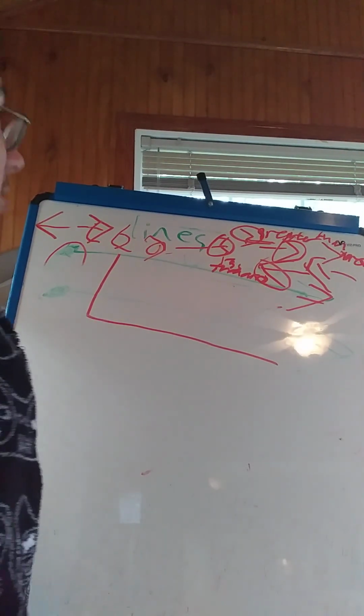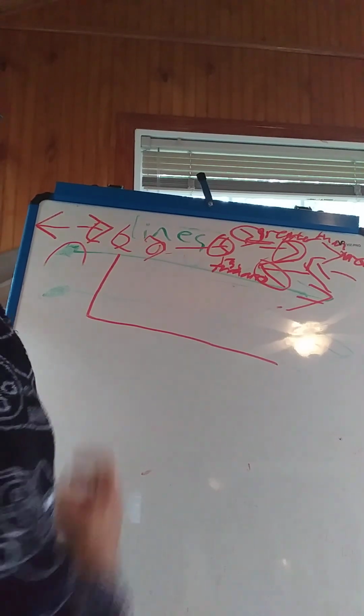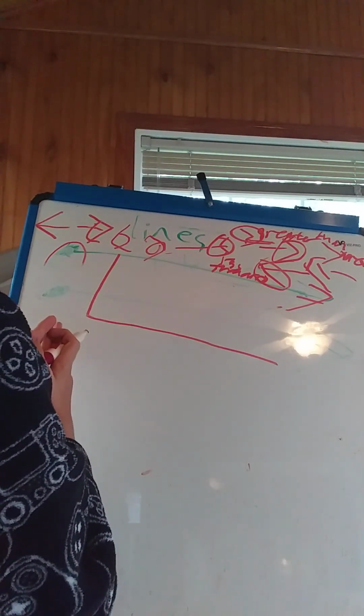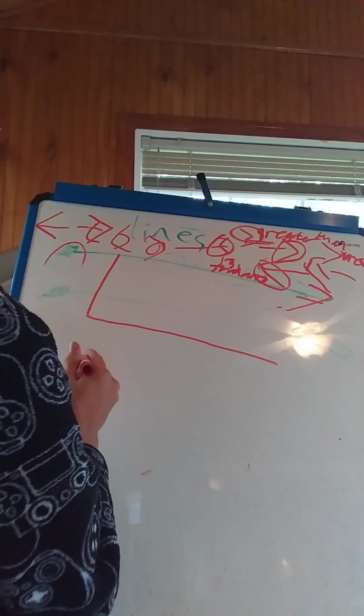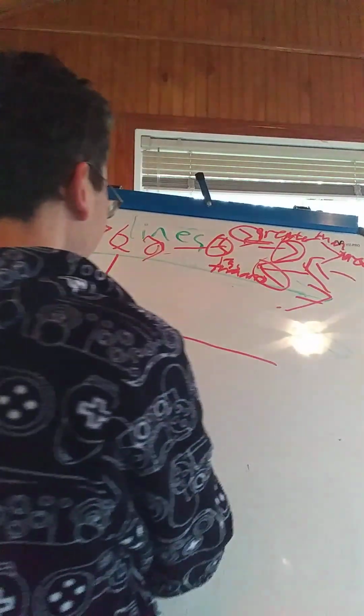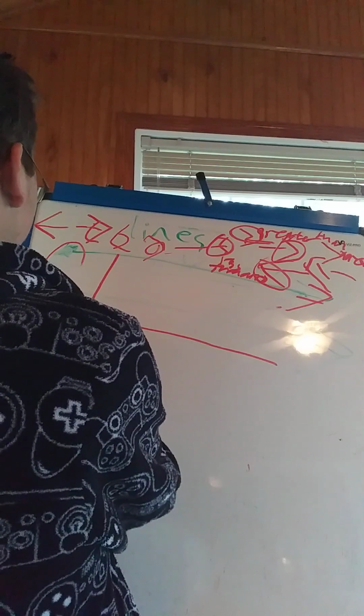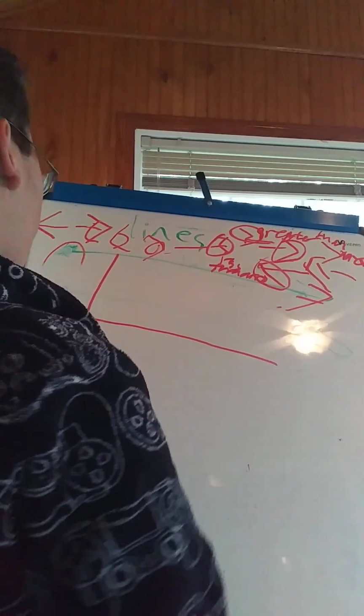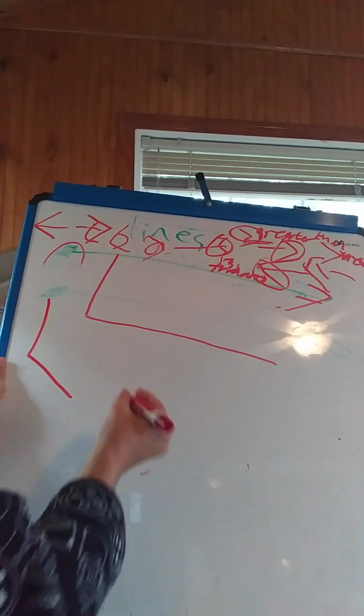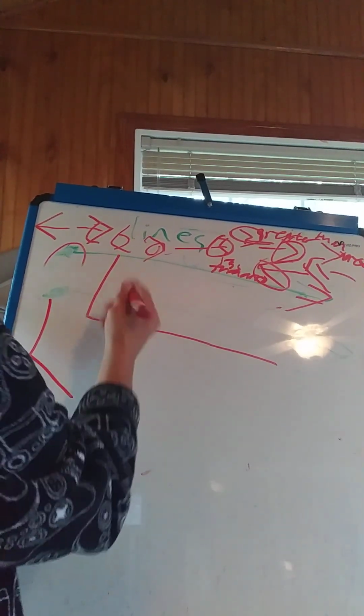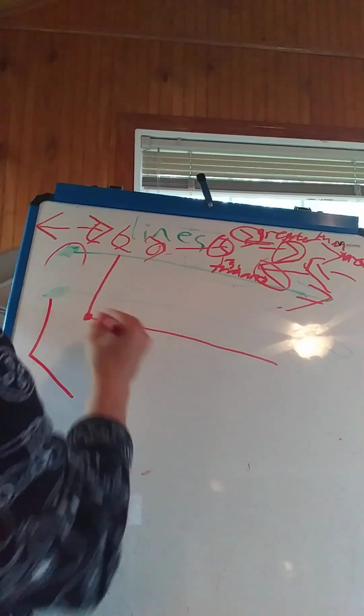Not necessarily a shape. We'll get to that. But when it has a line here, and then, okay, I'm trying to see if there's a way to explain. So, you see, there's a point here on the line.